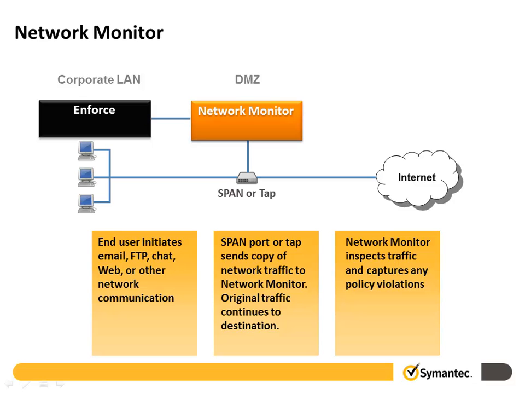That SPAN or tap sends a copy of the network traffic which is leaving to Network Monitor. The original traffic continues to its destination, but Network Monitor inspects the copy of the traffic for any policy violations and reports back incidents where required. Network Monitor cannot block any traffic.